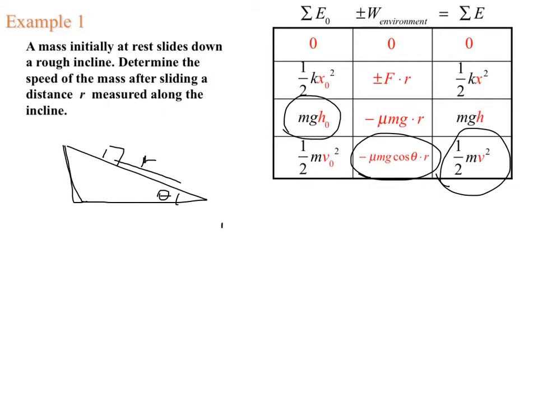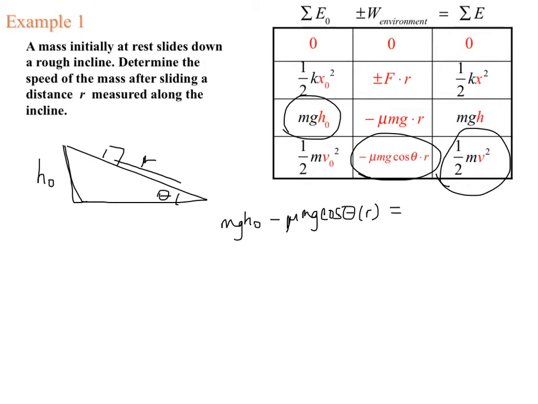So I can say mgh, and then again, friction acts against my object to slow it down, so it's going to be a negative work done by friction. So mu mg cosine theta times r, and then h naught would have been here, and r is the distance traveled down the ramp.